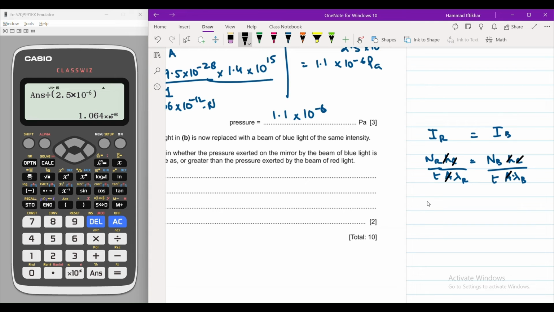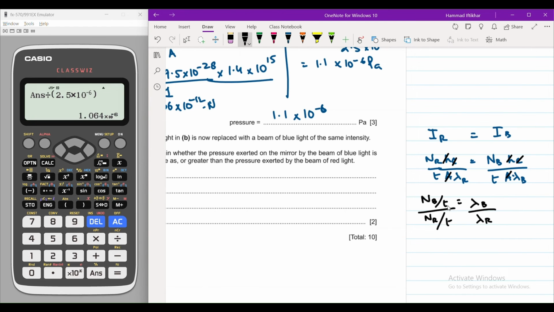So basically it's the ratio of the number of blue photons per unit time and the number of red photons per unit time. So after we cross multiply, this is equal to lambda_B, the wavelength of blue, over lambda_R.